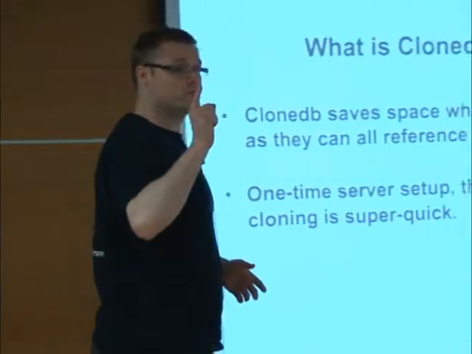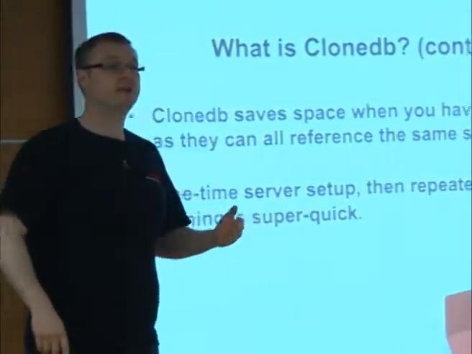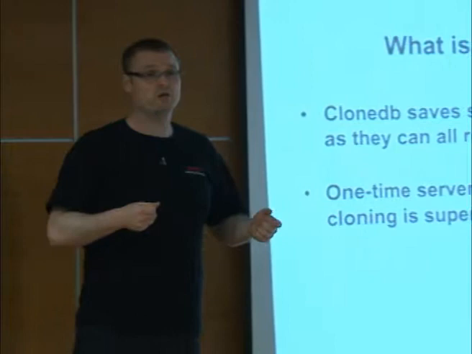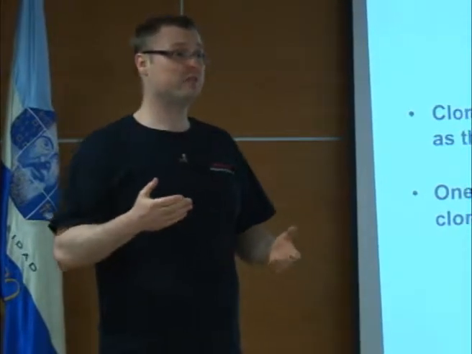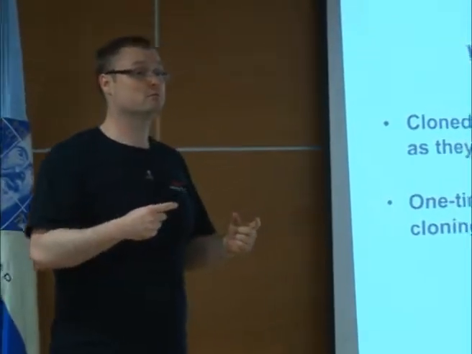So I've said to you we can potentially save lots of space if we have multiple clones. I have to do some one-time server setup, but once that's done, creating a new clone is extremely quick, because really we only have to wait for the length of time it takes to create the redo logs.